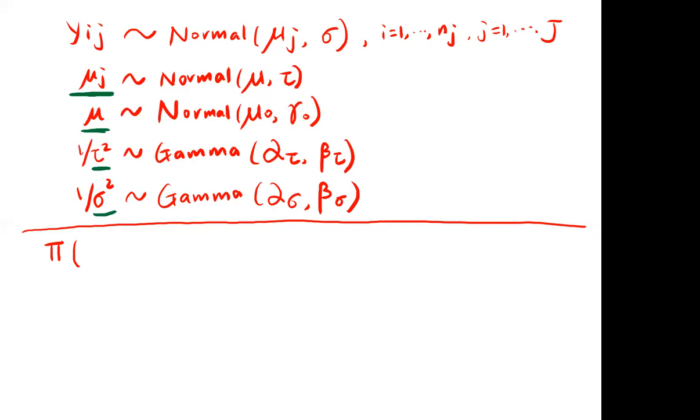You need to include all of them because they are all parameters. Some of them are hyperparameters, but because we put hyperpriors on those hyperparameters, you're still going to derive the full conditional. So I'm writing mu_j prime to represent all of them, and then mu, tau, and sigma.